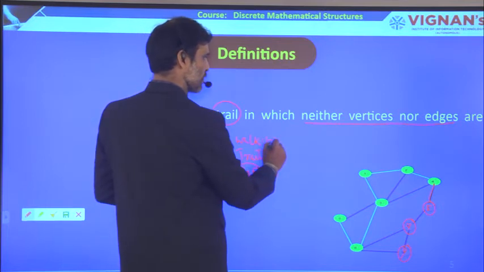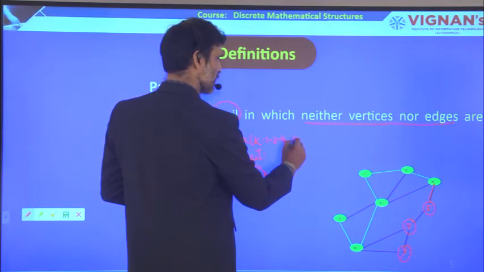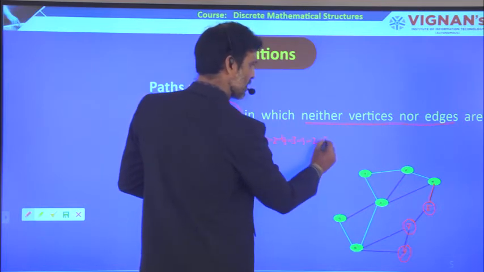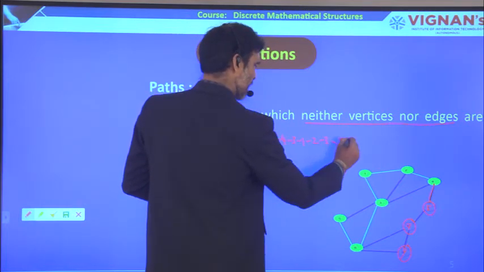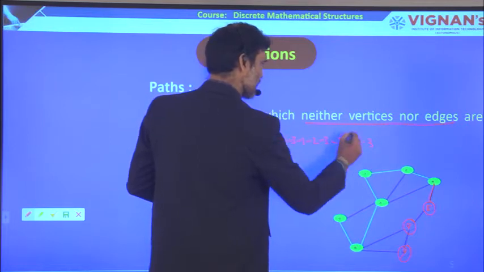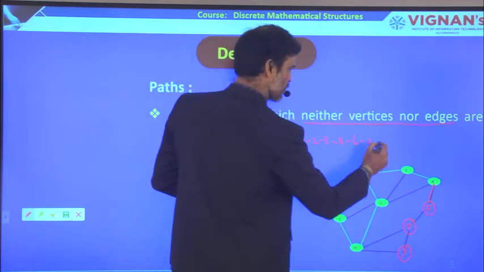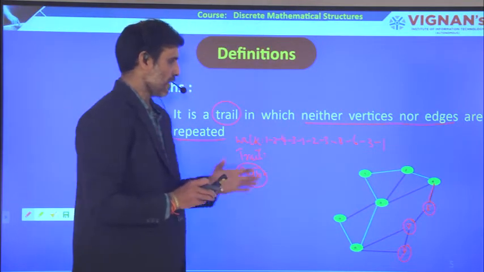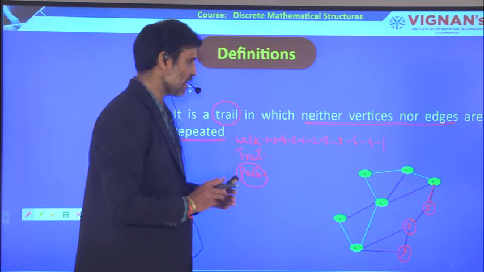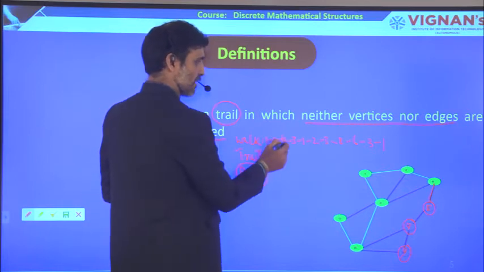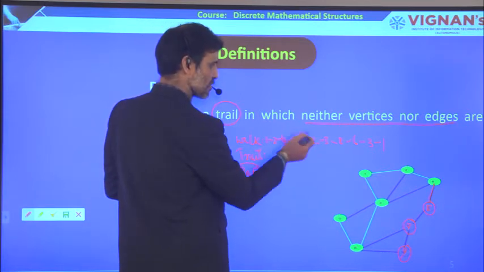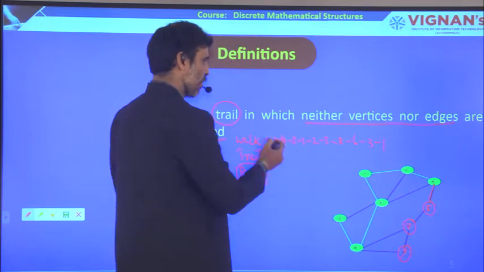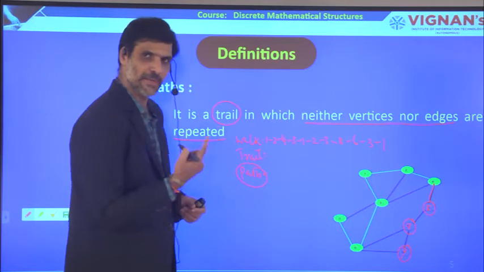Suppose I take 1, 2, 2, 4, 4, 2, 3, 3, 2, 1, and again you can go to 3, 8, 6 and come back to 3, and again you can go to 1. Suppose this is a walk. Here vertices are repeated. Vertex 2 is repeated twice, 3 is repeated thrice, and 1 is repeated 2 times.